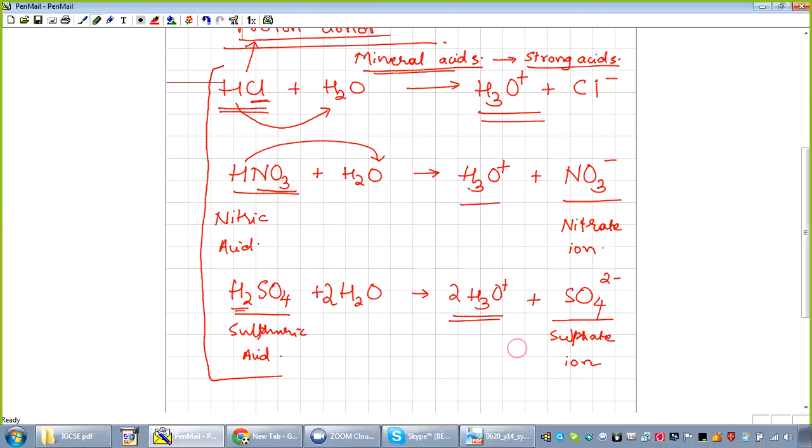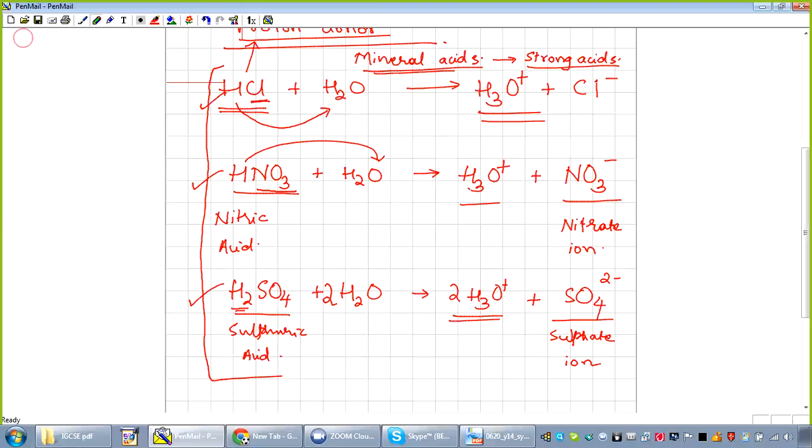Afterwards, I'm going to come to the definition of strong acids and weak acids, and what is a dilute acid and what is a concentrated acid. We'll just understand the difference between all of these substances. Okay, these three acids, HCl, HNO3, and H2SO4, they come from minerals, so therefore we call them mineral acids, and these three mineral acids are strong acids.